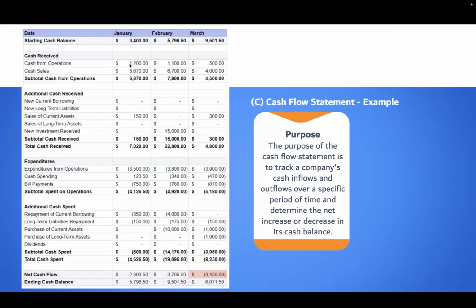And for the whole month, you got $1,200 in operation, you sold $5,670 worth of sales. And so the total you got was 6,870. Then you sold an older refrigerator or something, you got 150 as cash. So now you have 7,020.